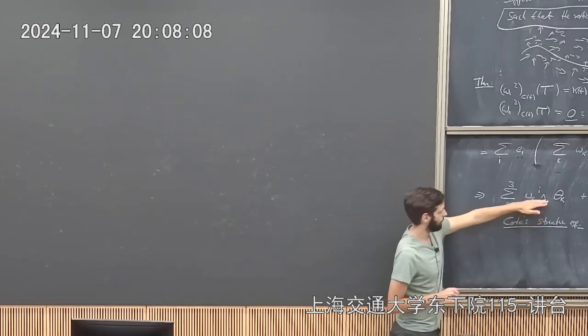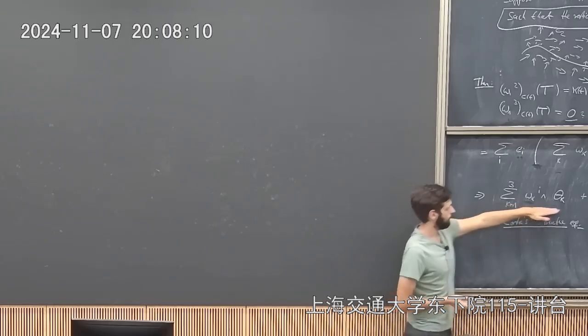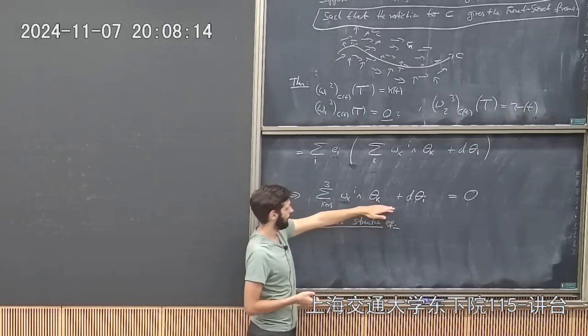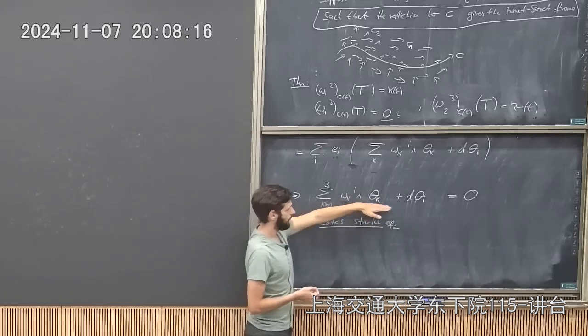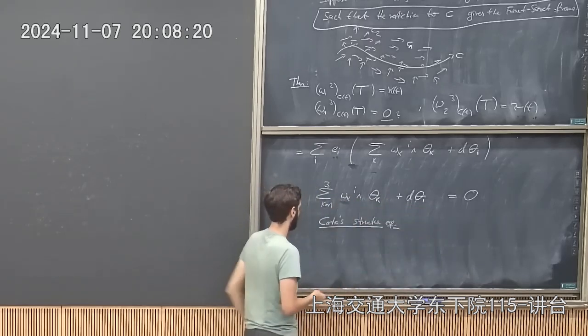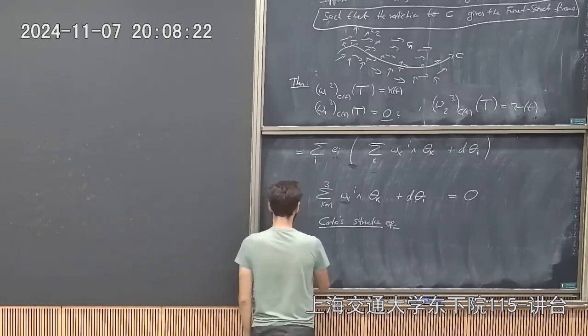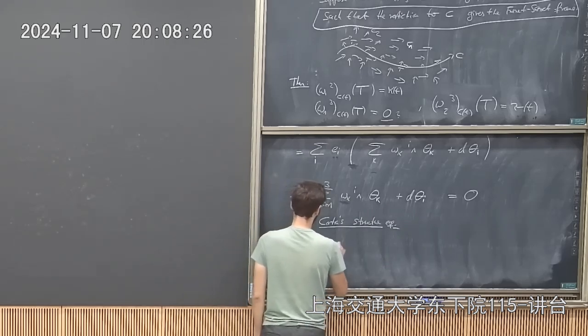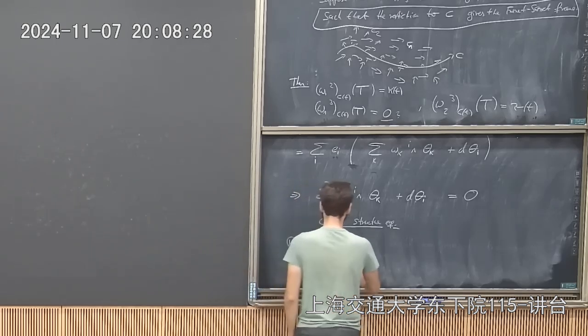So that was a geometric thing. But now we can read that equation essentially, because theta_k is the dual basis, as the definition of the omega_ki, as an alternative.